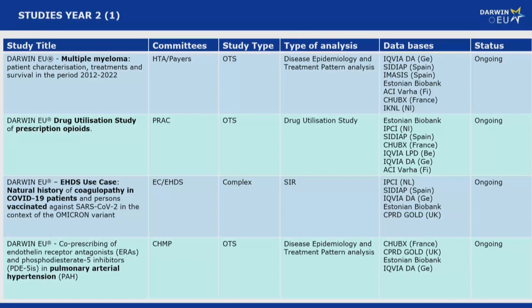So we are going to have a drug utilization study on opioids, disease epidemiology study with treatment patterns for multiple myeloma, a complex study, the OHDSI use case, looking into coagulopathy, and then there's a drug utilization study and disease epidemiology study on treatment of pulmonary arterial hypertension.